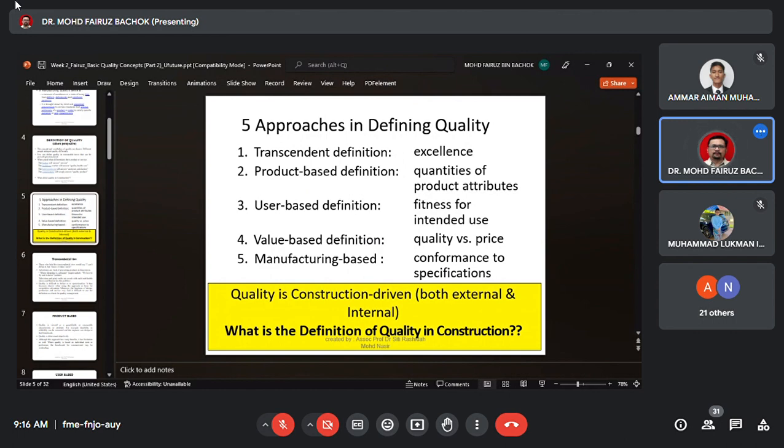And the last one, the manufacturing-based approach, you have to look at the conformance to specification. It is very hard to pronounce. So quality is construction driven, as a civil engineer.